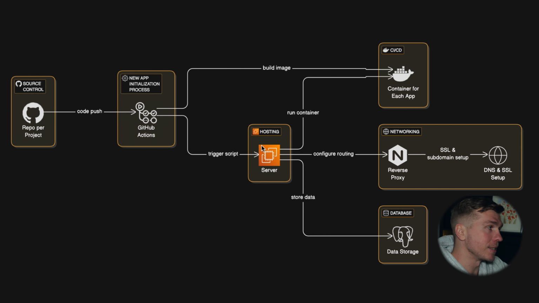For new app initialization, the system detects new configurations in the workflow and automatically sets up the directory, Nginx proxy rules and SSL certificates. The EC2 server pulls the latest Docker image from the registry, runs it in a container and ensures Nginx routes traffic correctly using the subdomain specified in the workflow.